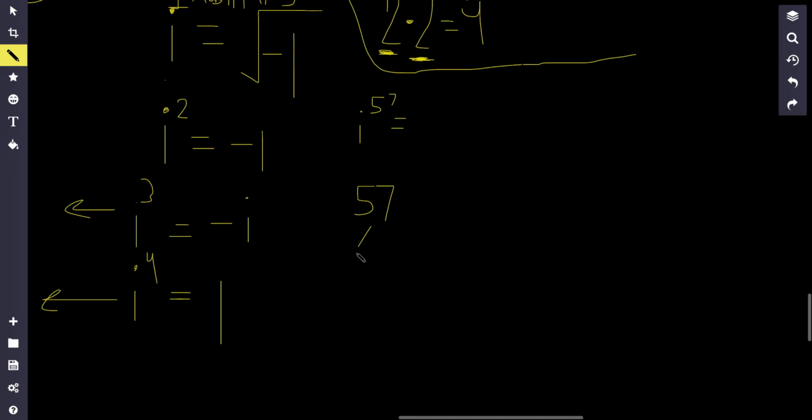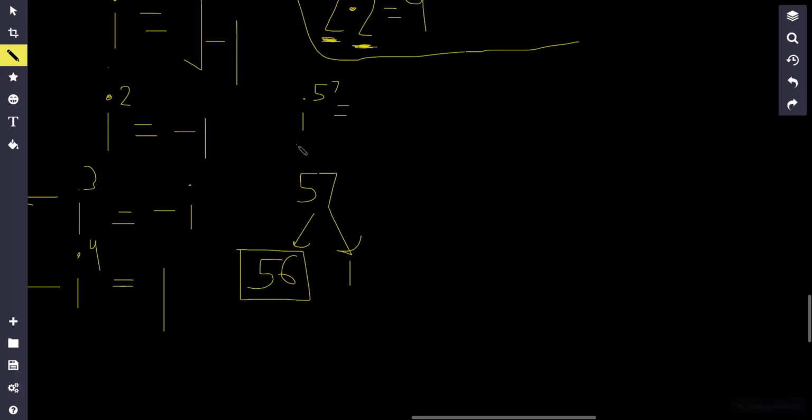In this case, I can break 57 up into 56 and 1, right? Because 56 plus 1 gives me 57, and 56 is a multiple of 4. In fact, this is the largest multiple of 4. So this is what I mean by breaking it down into the biggest multiple of 4 that, when added to some number, gives you 57.